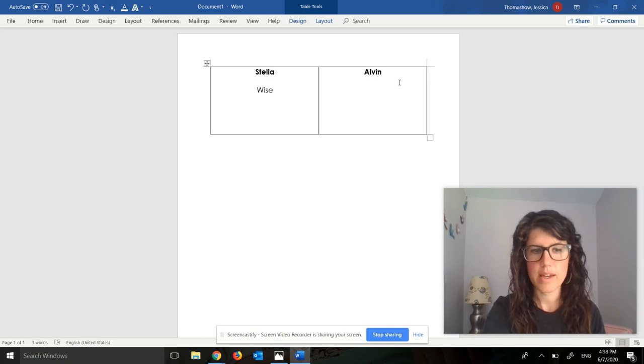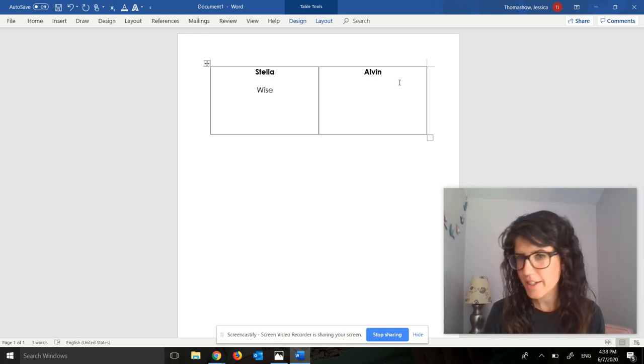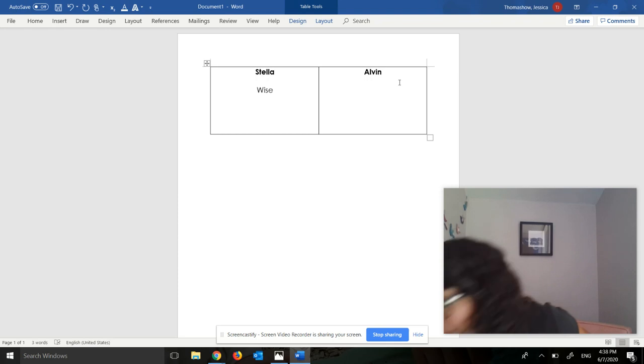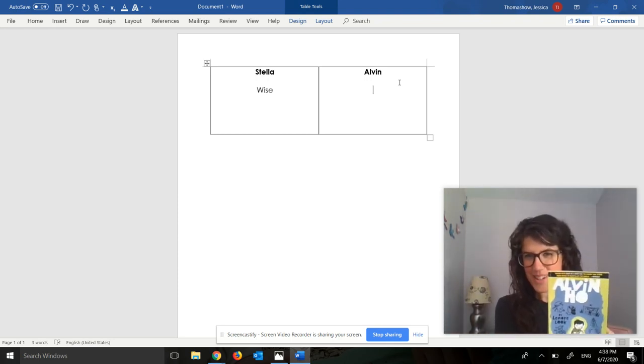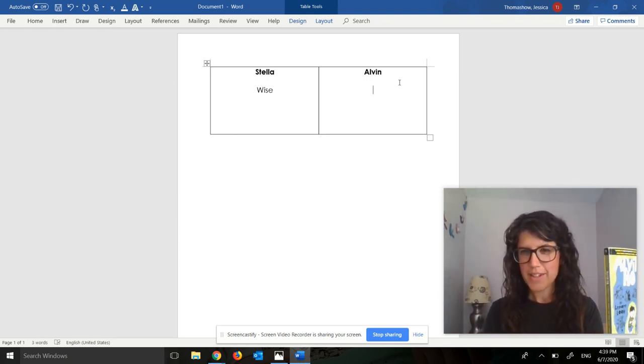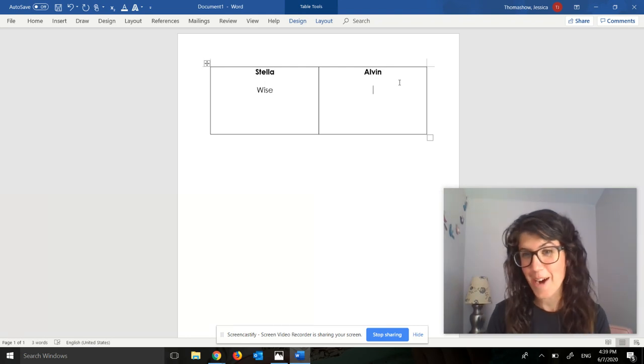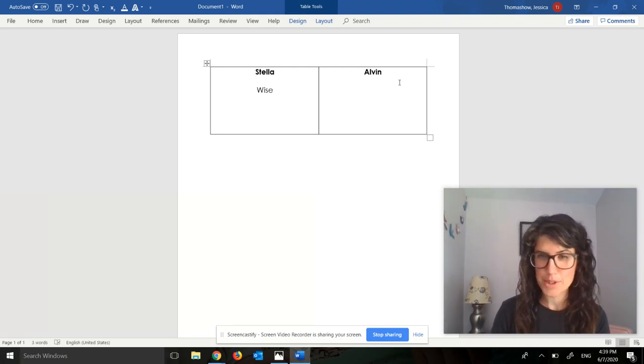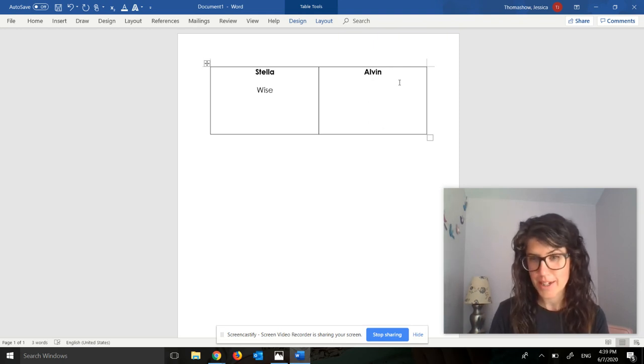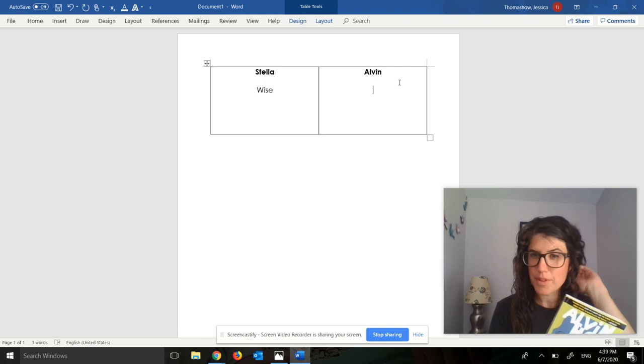Okay, now I want to think about one of my favorite characters of all time, Alvin from Alvin Ho. Okay, Alvin is definitely not wise. I mean, maybe he will be later. Wise is not a word that I would choose to describe Alvin, but he does have many other positive character traits. So I'm going to think about Alvin for a minute.